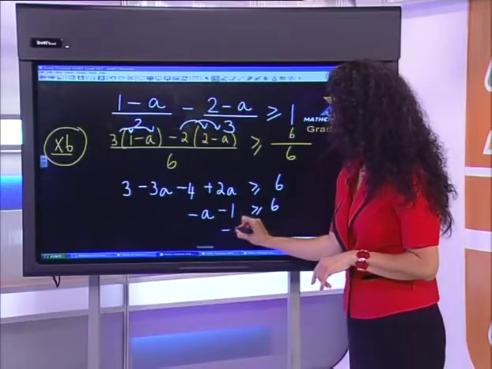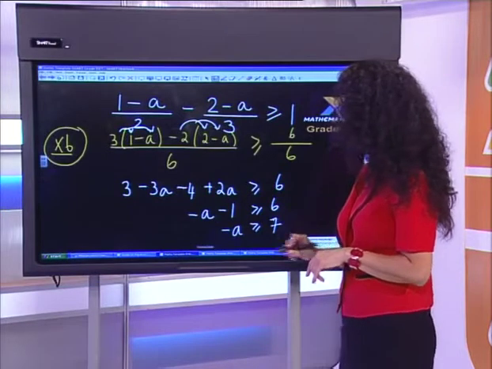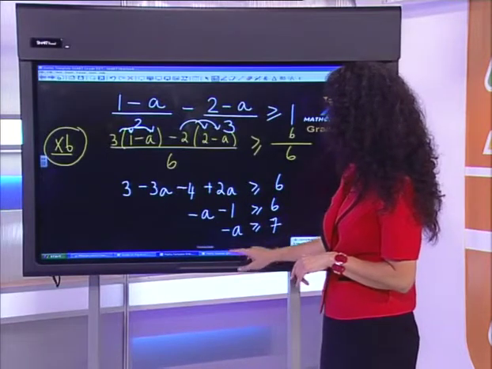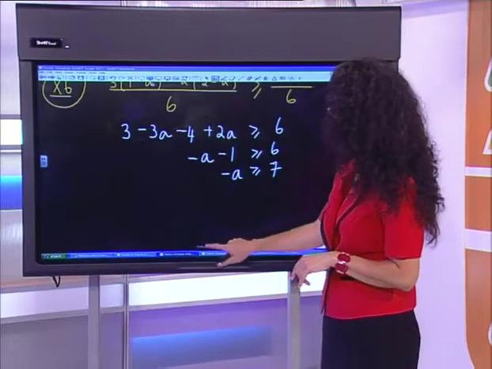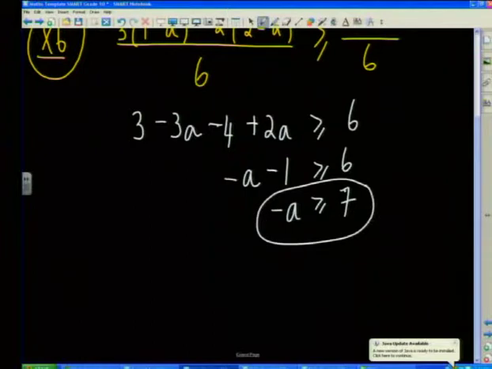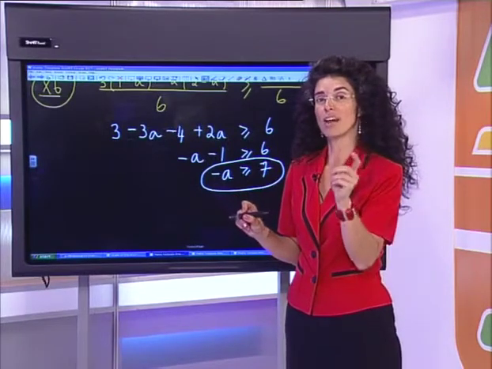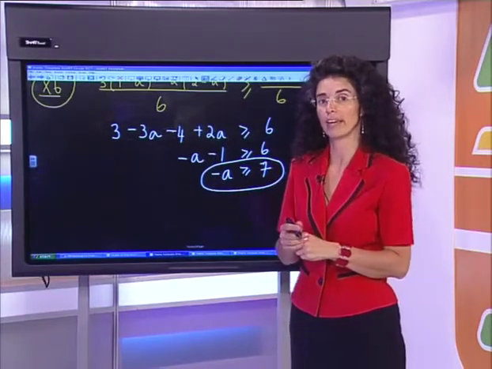So we've got -A is greater than or equal to 7. At this stage, we've got -A, and we said earlier that if the coefficient is negative, that inequality has to change direction, otherwise that statement will not be true in the end.